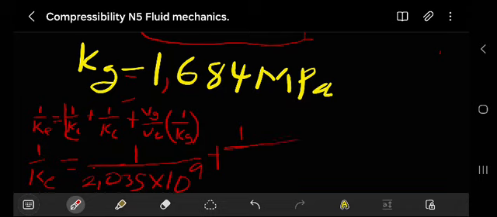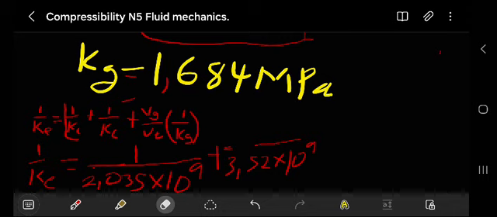We know that it will be 3.52 times 10 power 9, right? We're done with this second part.